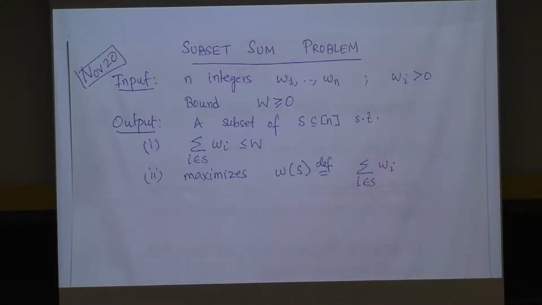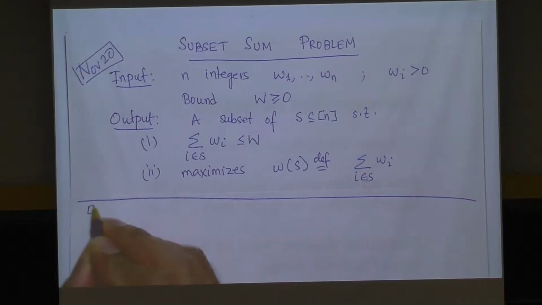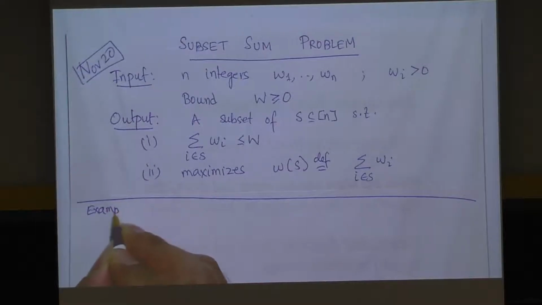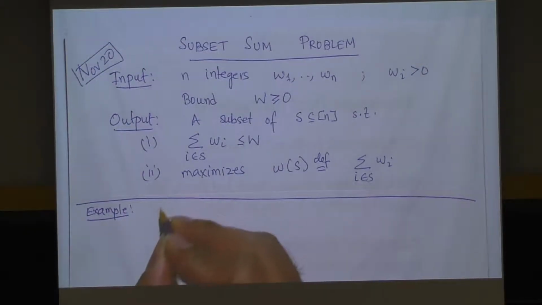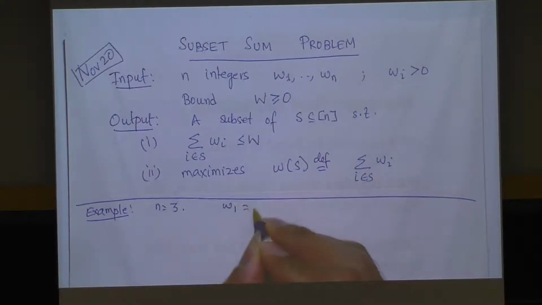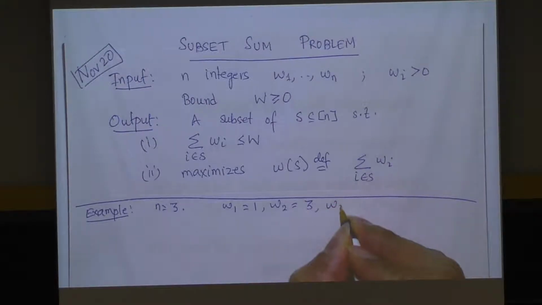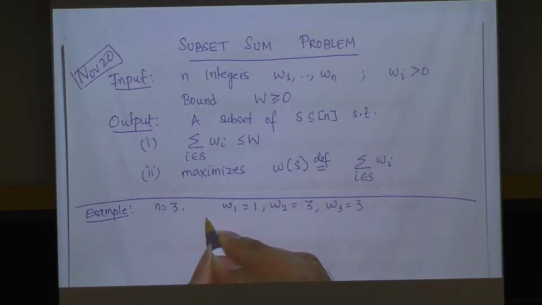Okay. And so again, you're trying to use up as much of this as possible. So let's look at a simple example. Let's consider the case when n is equal to 3, and say W1 is 1, W2 is 3, W3 is 3.